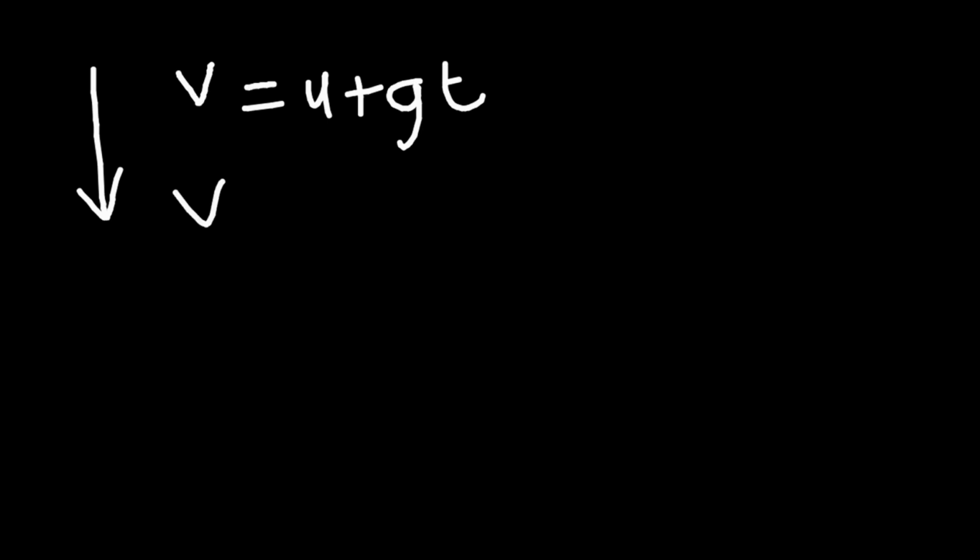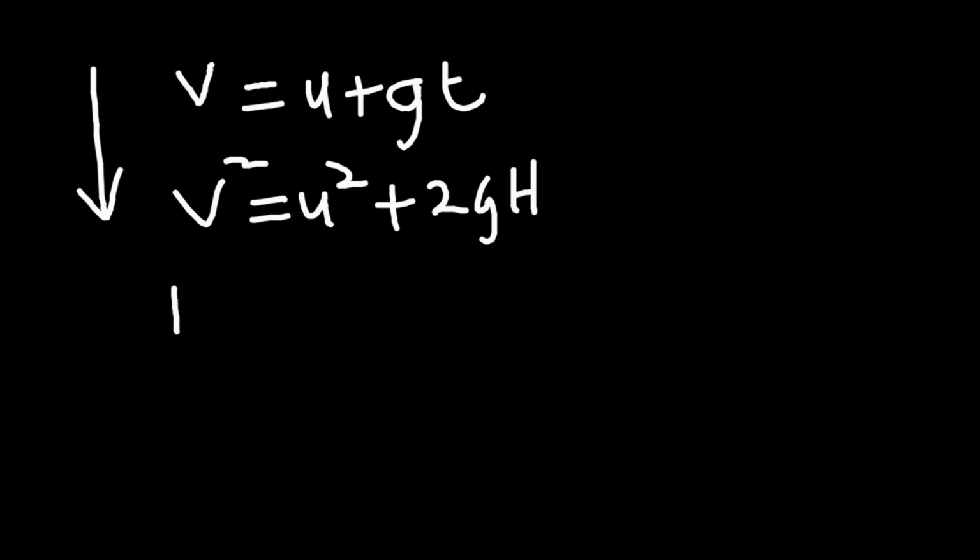Likewise, for bodies coming downward, the equations of motion to use are the following. We have v equals u plus gt, v squared equals u squared plus 2gh, and lastly h equals ut plus half gt squared.